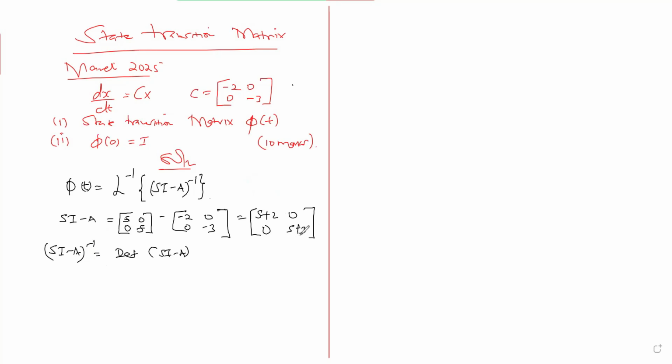So determinant is multiply the main diagonal, subtract the minor diagonal. Si ndio? So itakuwa equals to (S plus 2) into bracket, then (S plus 3), then subtract the minor diagonal.